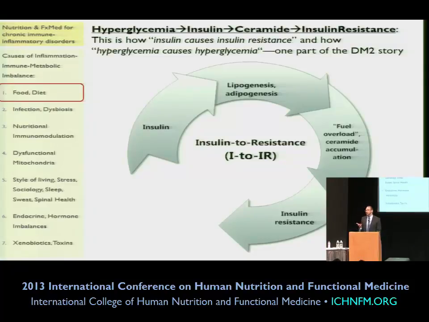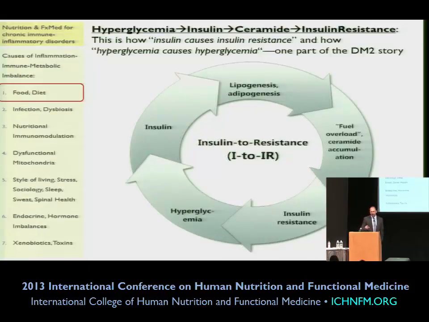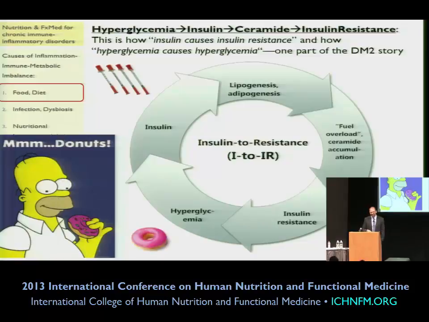Well, the cells know that. So when glucose levels are very high, the cells try to protect themselves by becoming insulin resistant. One of the mediators of insulin resistance is ceramide. And that's how we enter into this vicious cycle of hyperinsulinemia. A lot of times these patients are treated with more insulin. So it just creates this vicious cycle of additional insulin resistance.